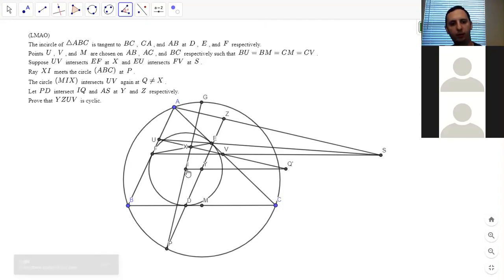So we want to show IMQ is 90. That's interesting.